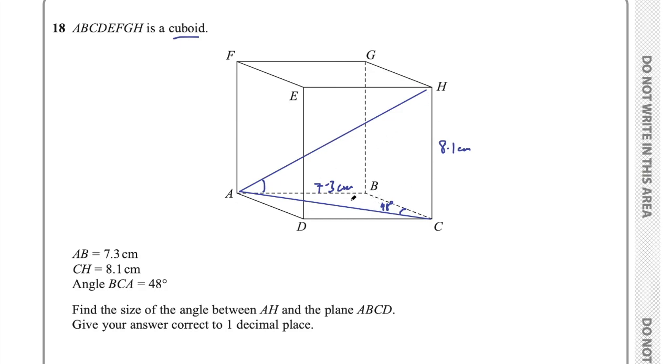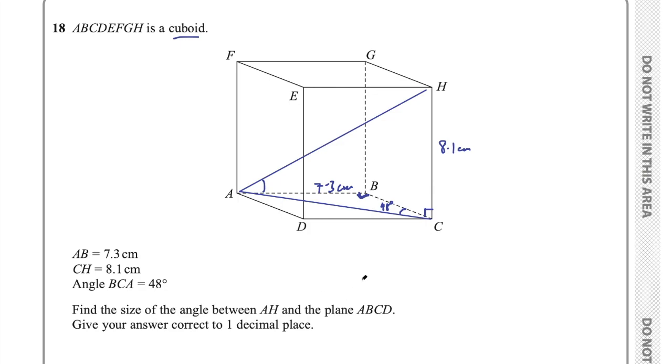The first one is down here, this triangle ABC on the base of the cuboid. This will be a right angle, a 90-degree angle because that's the corner of a cuboid. All the faces of a cuboid are rectangles, of course, so that will be 90 degrees, ABC. So that's a right angle triangle, and then this triangle AHC will also be a right triangle. And hopefully that should give us enough information to solve this.